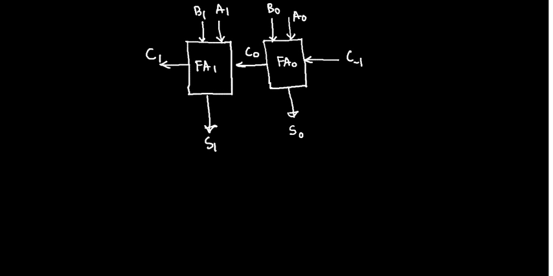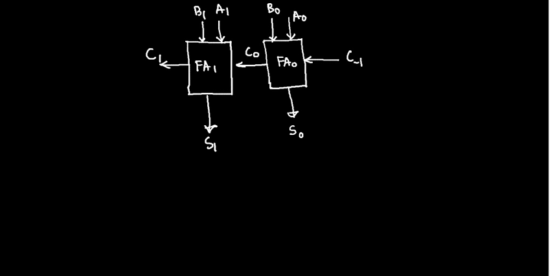Now the problem here is the sum expression. What is the sum expression that you get? The sum expression is A0 XOR B0 XOR C minus 1, right? Once you do that, the sum is generated, the carry is generated, and then this one has to wait until this carry comes. So this is like a serial processing which is happening here.